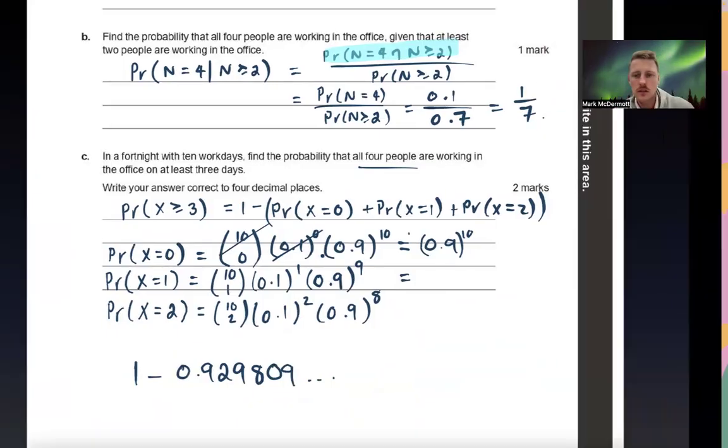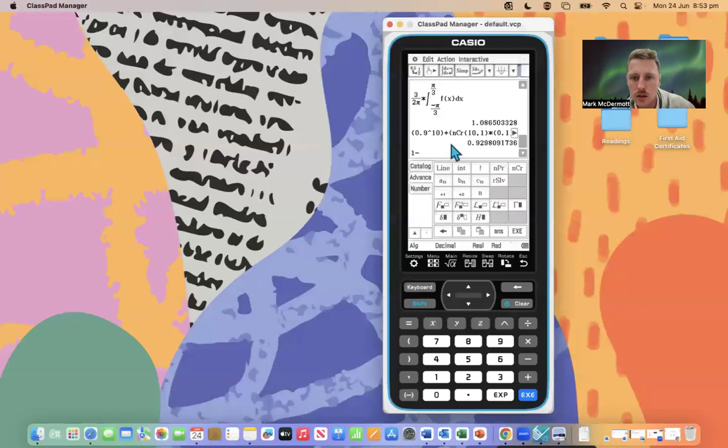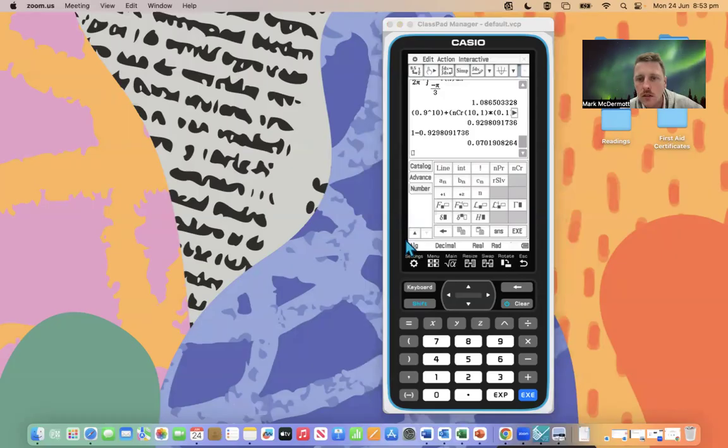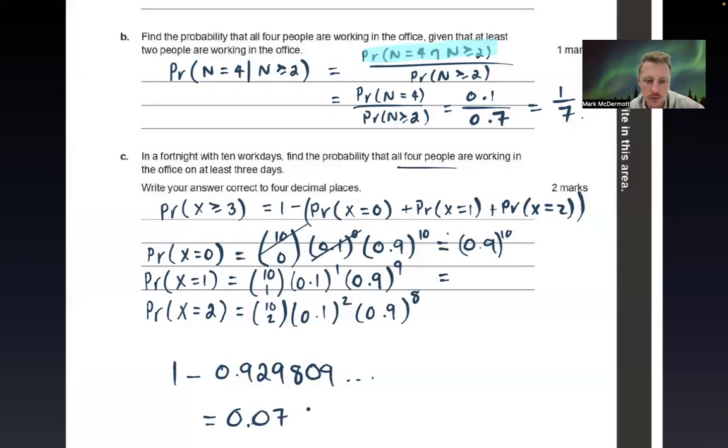So if we put that in, we do 1 minus that, right? Because the whole thing is 1 minus all that. 0.07. 0.0702 to 4 decimal places.